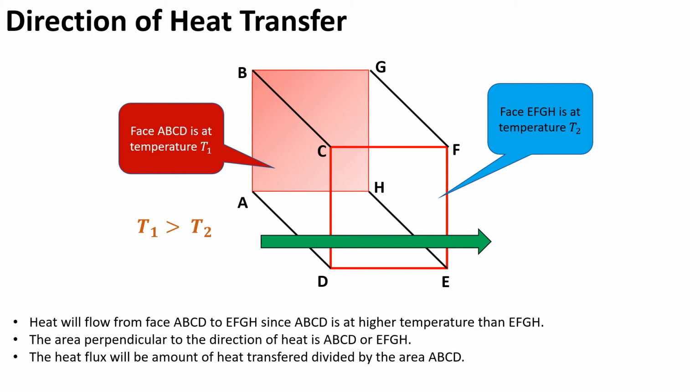Heat flux is the heat transfer per unit area perpendicular to the direction of heat. So heat flux is simply the heat transfer per unit perpendicular area. And remember, heat always flows from higher temperature to lower temperature.